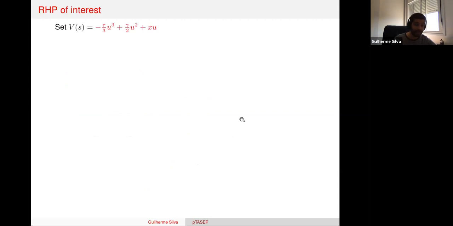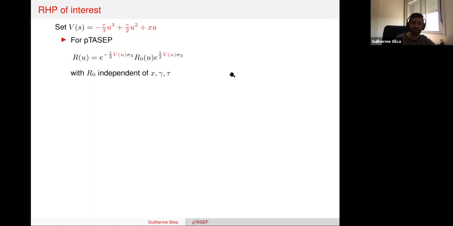Okay, so let's describe everything that we have in our specific setup. Remember that this cubic factor appeared several times for us. For the periodic TASEP, we are acting on the set of Bethe roots, so a discrete set A. In that case, if you compute the residue matrix, it's very simple.